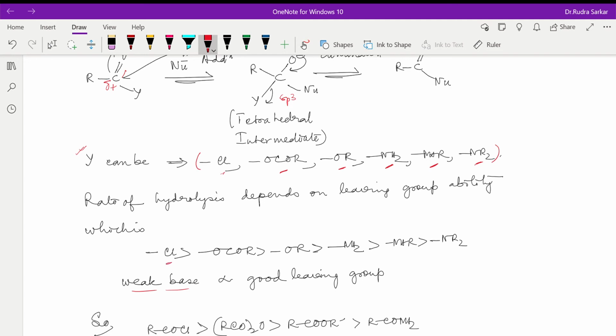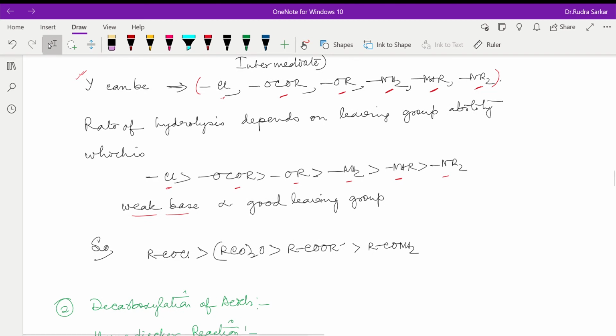So Cl will be the best because it comes from HCl, followed by OCOR, followed by OR, followed by NH2, followed by NHR, and at the last we will have NR2. Which means that for the hydrolysis reaction, acid chlorides will react faster than anhydrides, which will react faster than esters, and esters will react faster than amides.